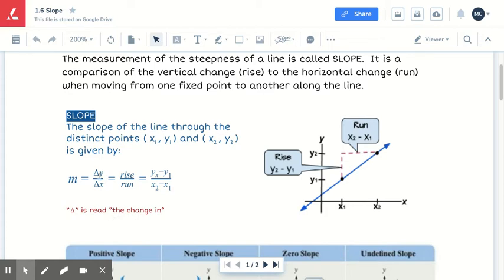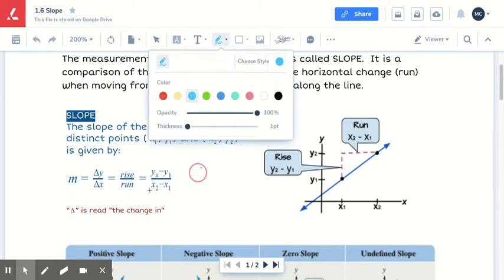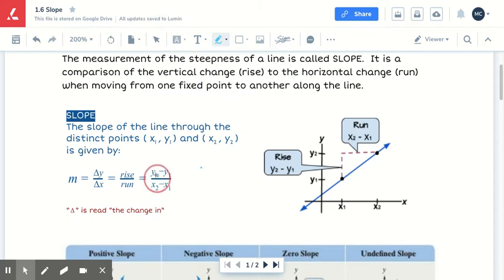So this is the change in y over the change in x. The change in y would be the rise, the vertical change, and the change in x would be the run. So we also say rise over run sometimes. And then the actual formula would be y2 minus y1 over x2 minus x1. And I just noticed a typo, so let's fix that. This is supposed to be a 2.